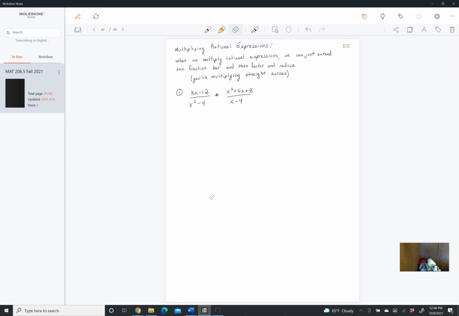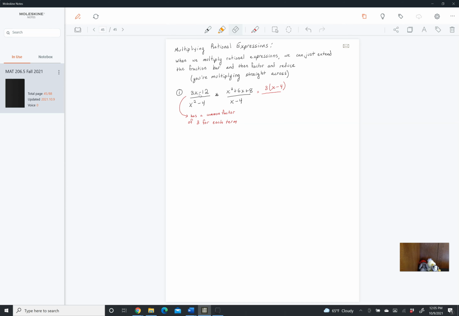Okay, so if we factor this, you're factoring each numerator and each denominator. So 3x minus 12, we can factor out a 3. It has a common factor of 3. So what we get here is 3, and then when we factor out a 3, we're left with x minus 4.